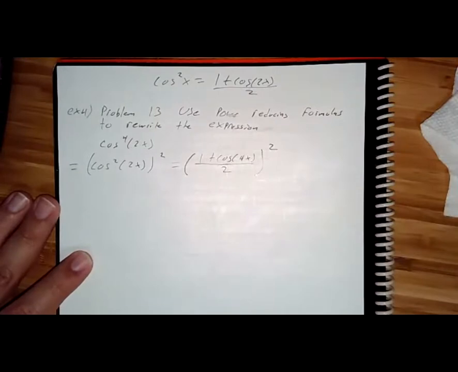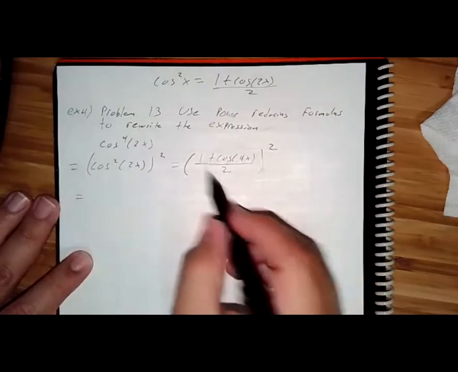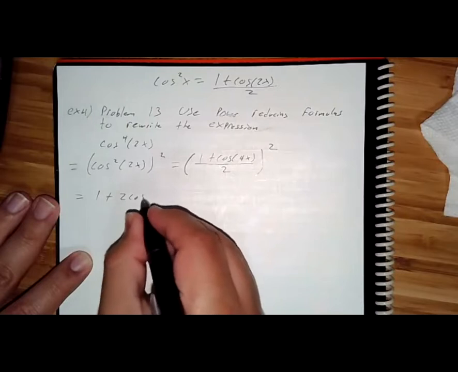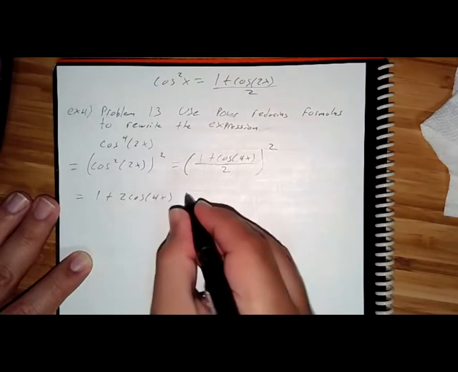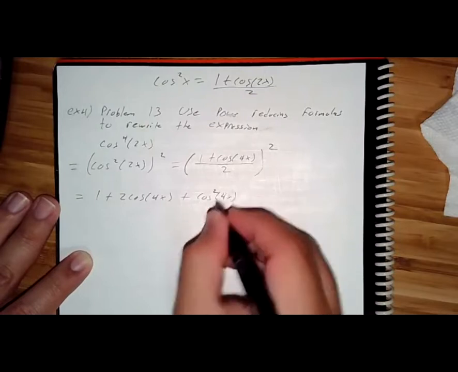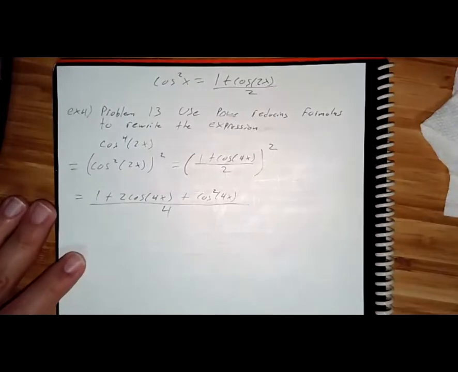So apply the formula inside. Now square this, that will give you 1 plus 2 cosine 4x plus cosine 4x squared over 4.